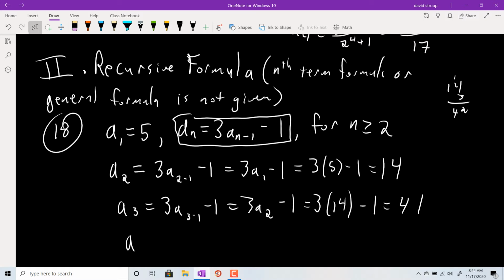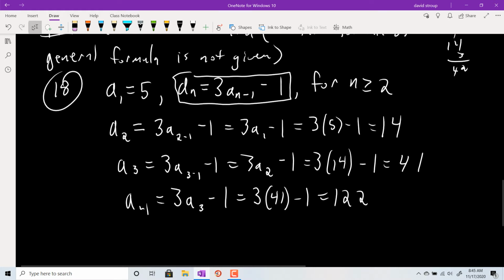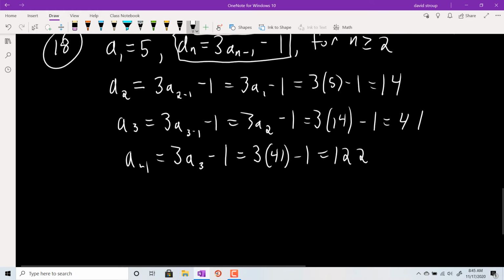Let's do one more. A sub 4 is 3 times, basically a sub 3, let's just cut to the chase, right? Minus 1 equals 3 times 41 minus 1. And if you calculate that out, I believe it's 122. Great stuff. Let's move on.